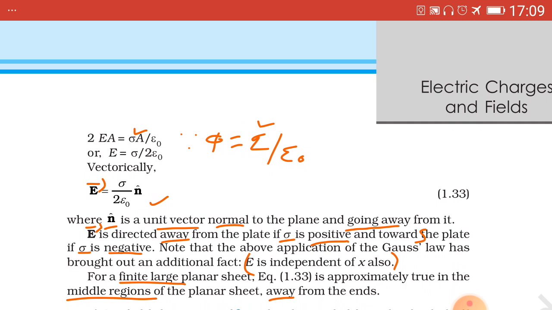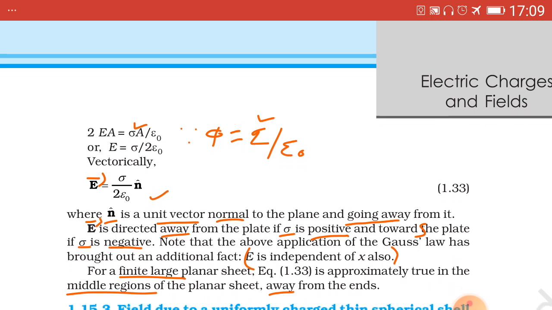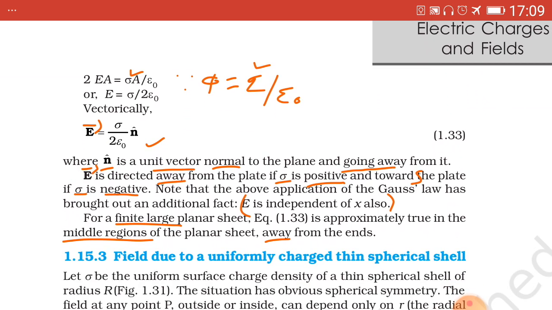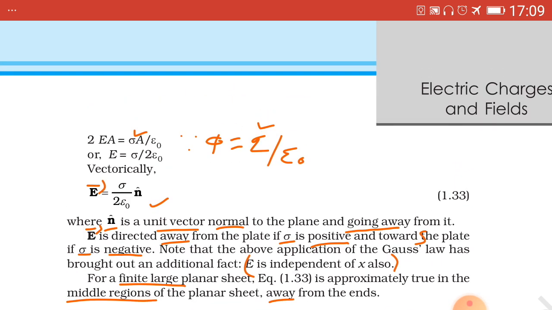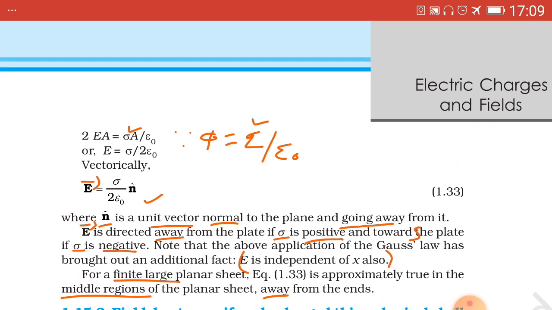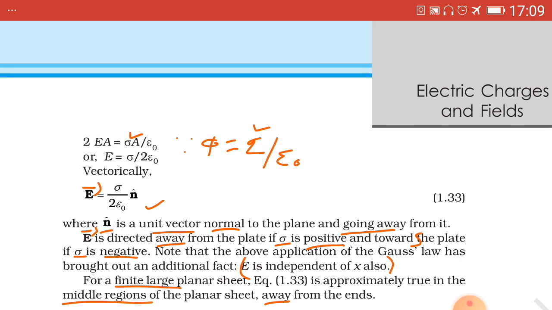Equating phi on both sides, that is 2EA equal to sigma A upon epsilon 0, we have substituted sigma A in place of Q, which has been tick marked here.